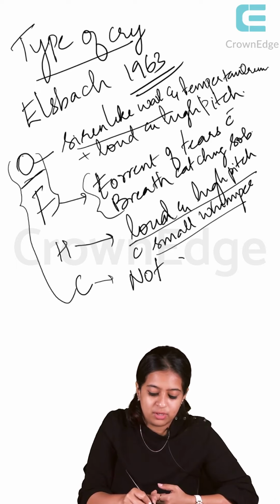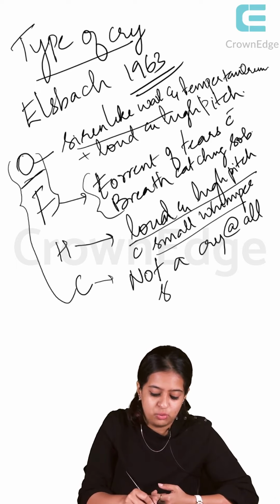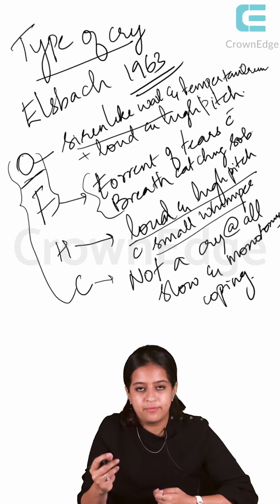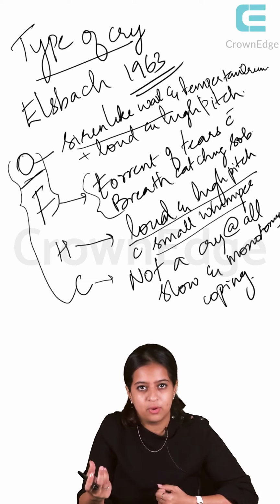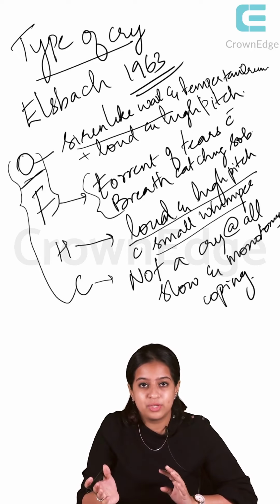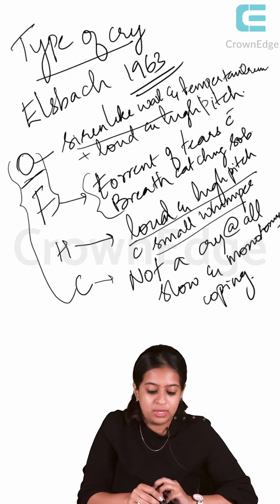Compensatory cry is not a cry at all. It is more like slow and monotone. This is more for coping. Suppose the child hears the drilling or the handpiece noise and it is too loud, they start crying out loud to compensate for the noise of the handpiece. That's called a compensatory cry.